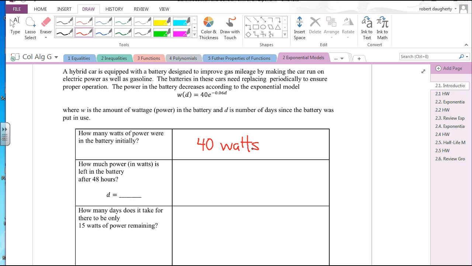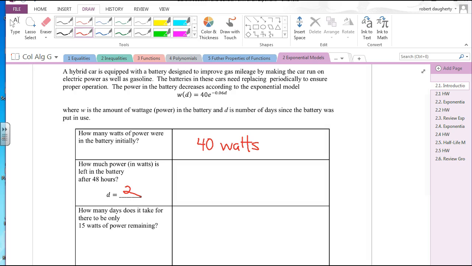Okay, so they're giving me a time and I get to plug that in. Now, if you look at your original equation, D represents time. What unit of measure is it? Days. How many days is 48 hours? 2 days. So they're asking me, what is the wattage of this battery after 2 days?